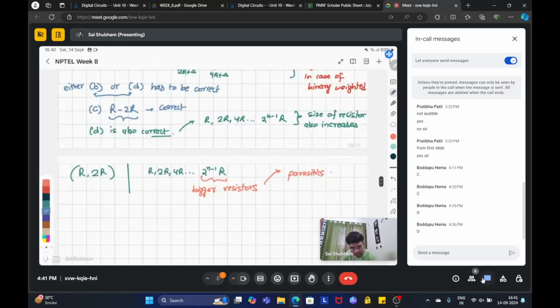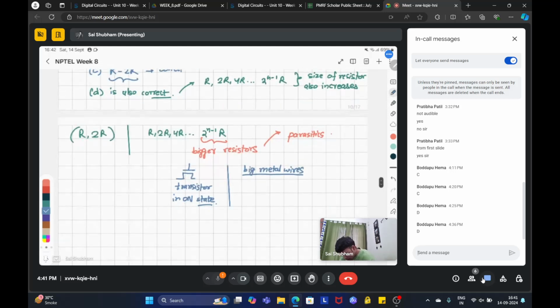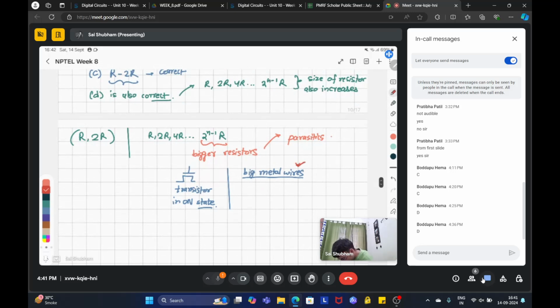For example, there are many ways of making resistors. First is that you can use a transistor in on state, or you can have big metal wires. In case of big metal wires, the problem is that you have this metal wire, then you have silicon in your chip, then you have another metal wire.